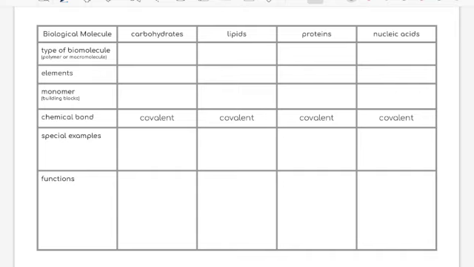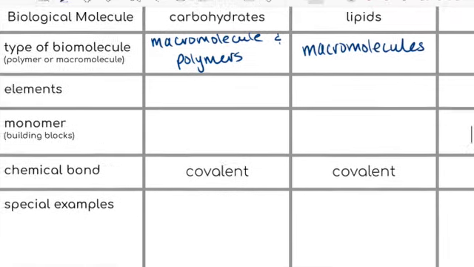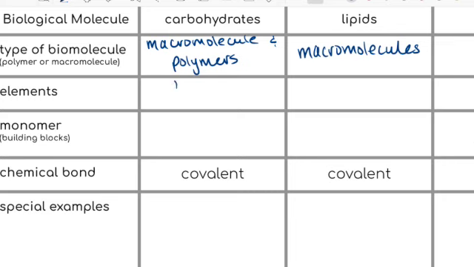All right, so just to recap some things here. Carbohydrates, what type of biological molecule are they? These are macromolecules, and they are polymers. Lipids are only macromolecules, not polymers. The elements in carbohydrates are CHO. It's also carbon, hydrogen, and some oxygen in lipids.